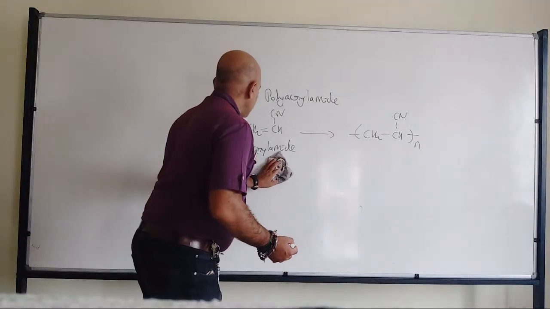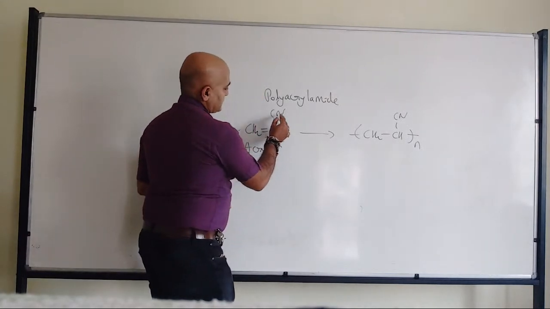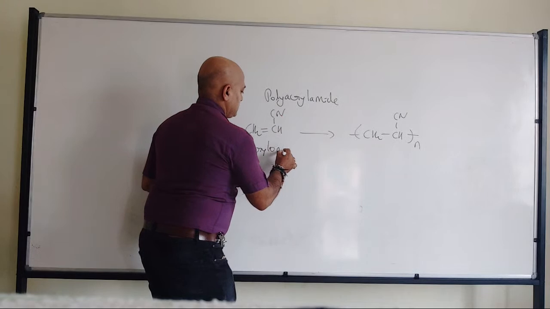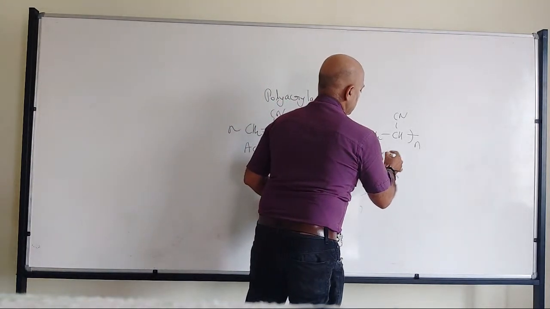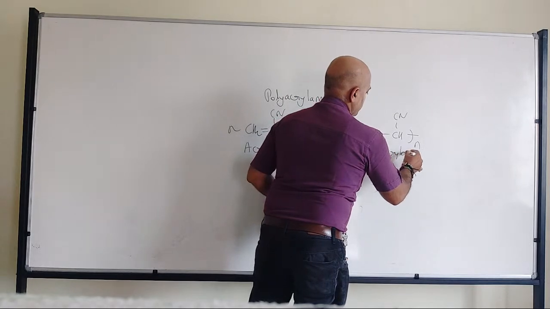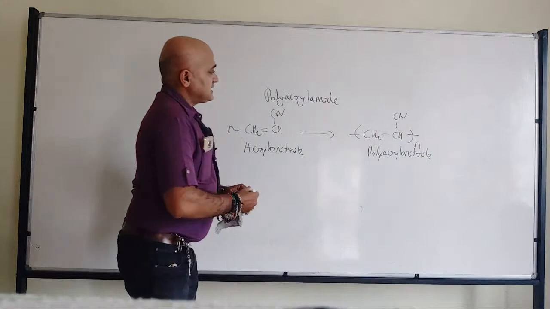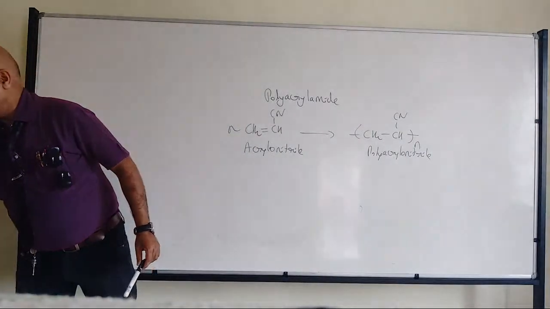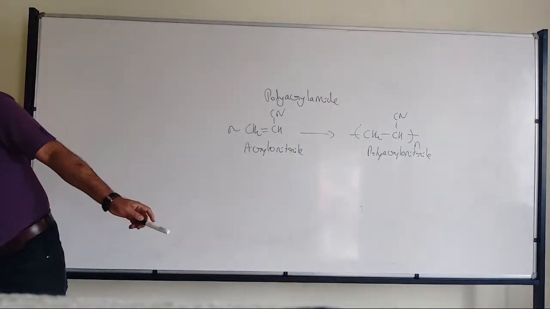Polyacrylamide will not happen because amide linkage is not there. I will make it as acrylonitrile and polyacrylonitrile. So that's where we have the polyacrylonitrile. Fine. So any other addition polymers?